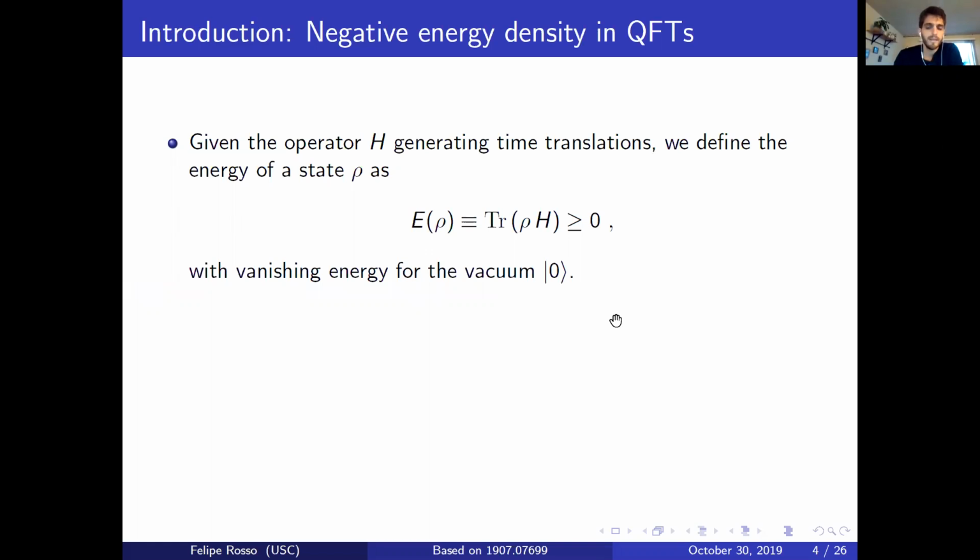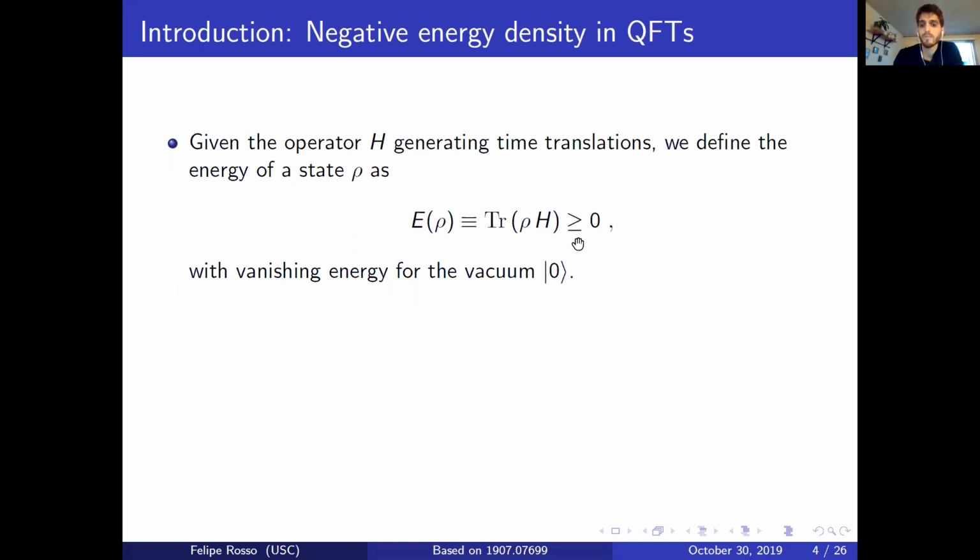So what is the idea? The idea is that if you have a quantum field theory in Minkowski spacetime, you expect to have an operator H that we call the Hamiltonian, and this operator H will be the generator of time translations. Once we have this operator, we have a natural notion of global energy, and for any given state rho, described by a density operator, you have this notion of energy.